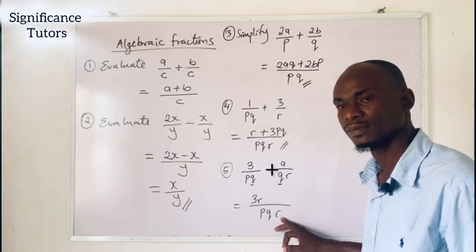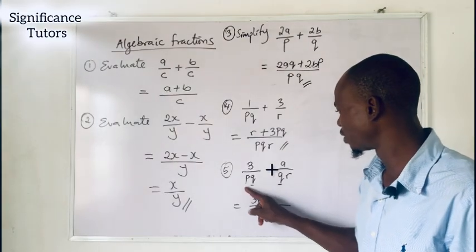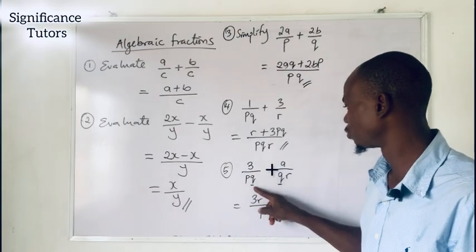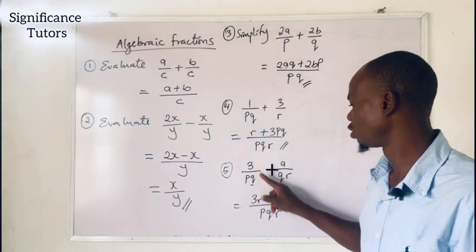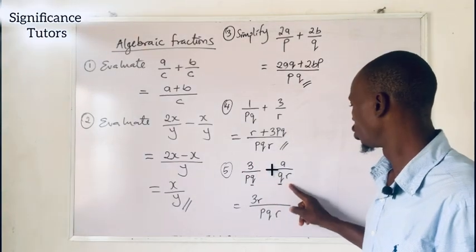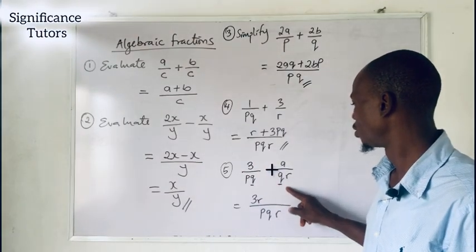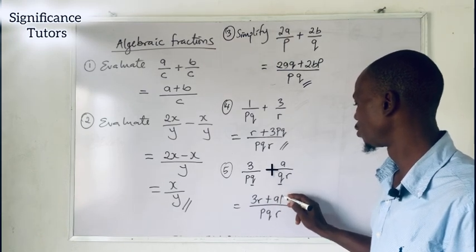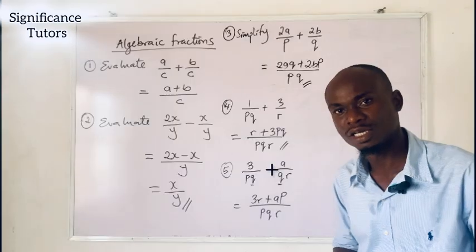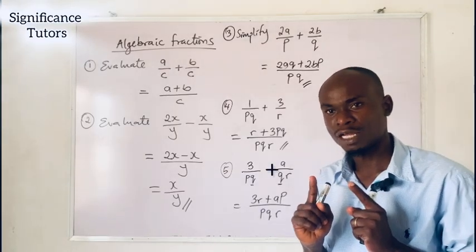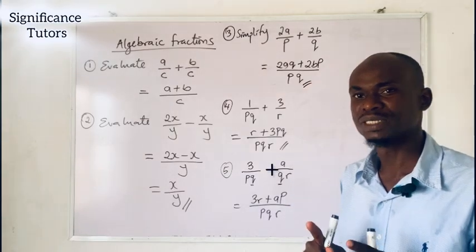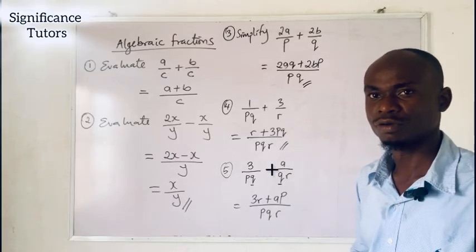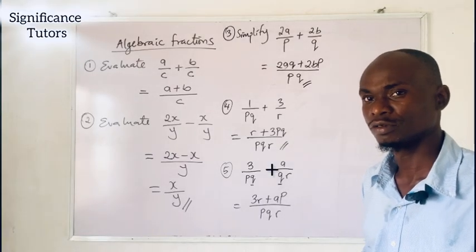What you need to do: which alphabet is not here? r. Use it to multiply 3, gives you 3r. Which alphabet is not here? p. Use it to multiply a, you have ap. That's how you take the LCM of an algebraic fraction with a repeating factor in the denominator.